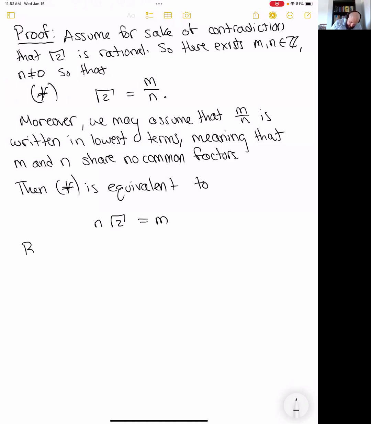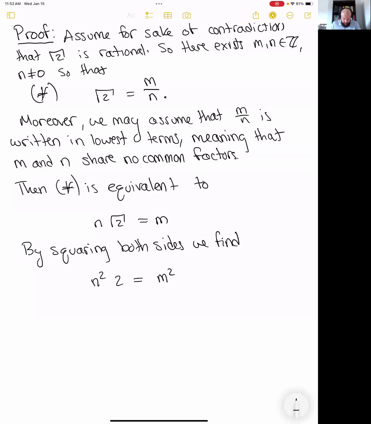So now by squaring both sides, we find that we get n squared times 2 is equal to m squared. See, I want to get rid of the square root so that I can stick with integer stuff, right? And now here's where we're going to use this lemma.